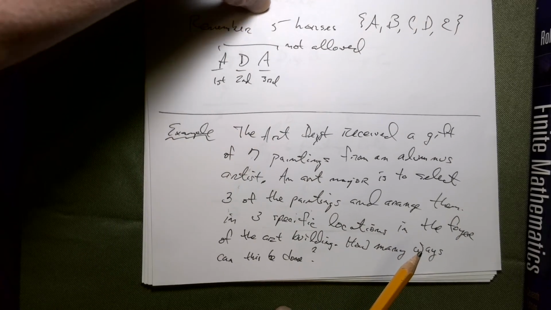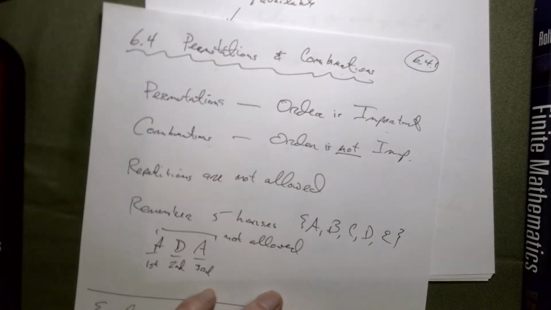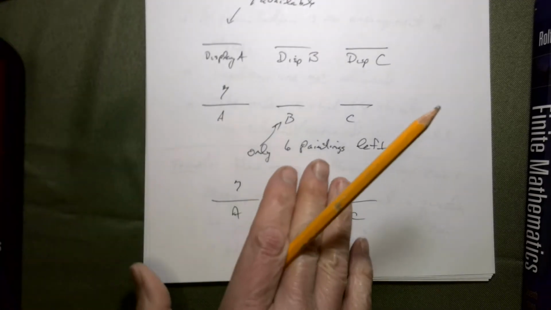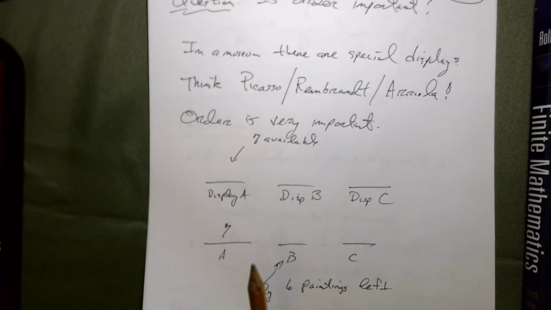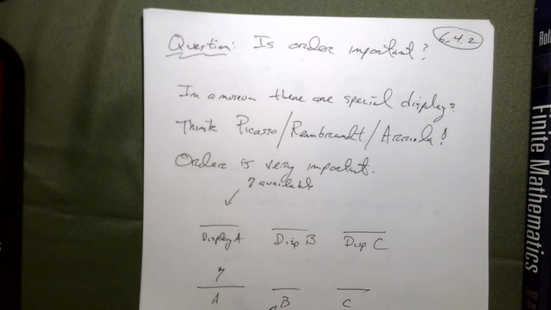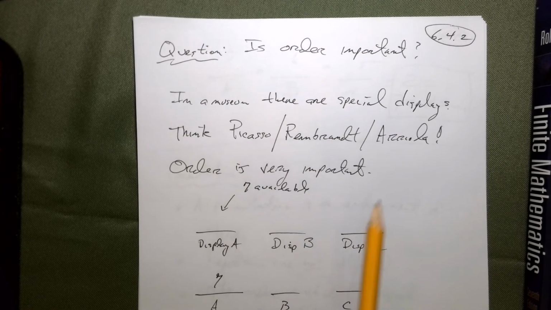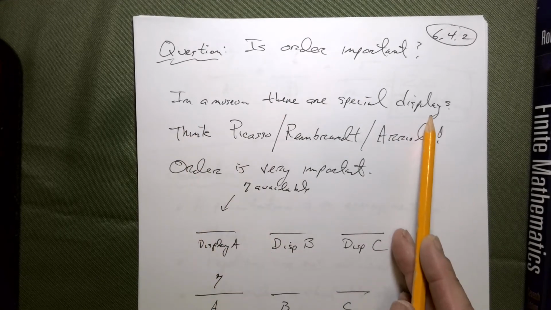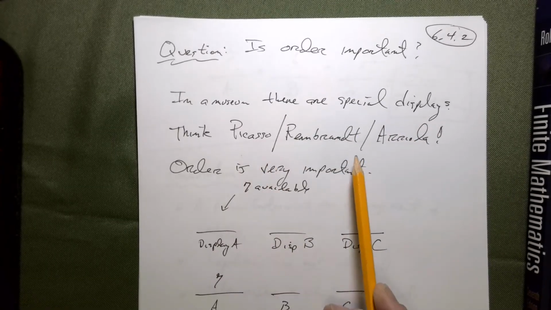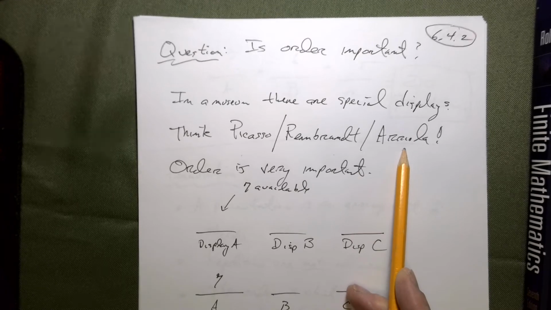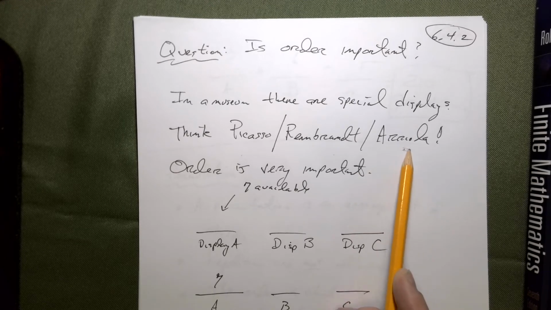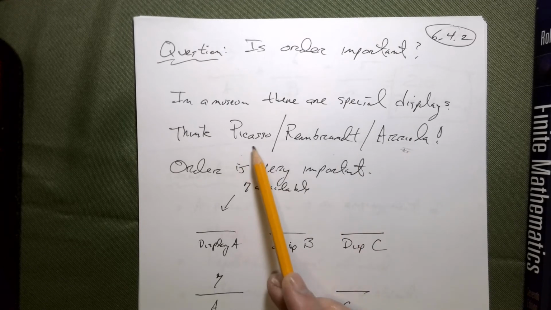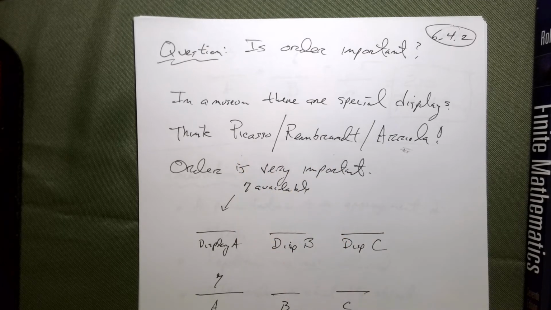That is telling us that the order is very important. And this is something you're going to have to pay attention to, whether it is a permutation or a combination. Permutation is when order is important. There's special displays. Think about you've got a Picasso, a Rembrandt, and an Areola. Obviously, my painting or drawing is not going to supersede this guy, so the order is very important.